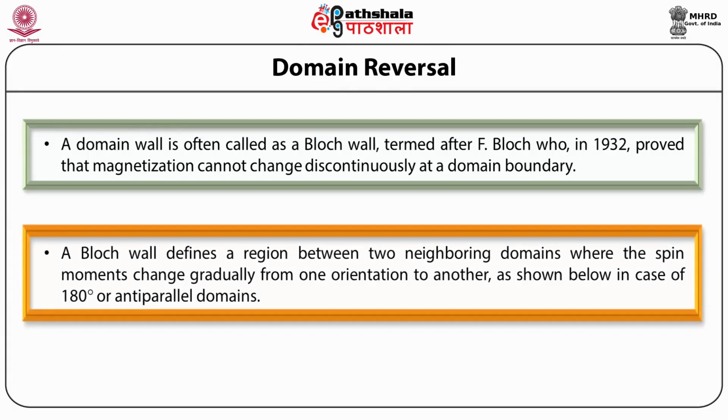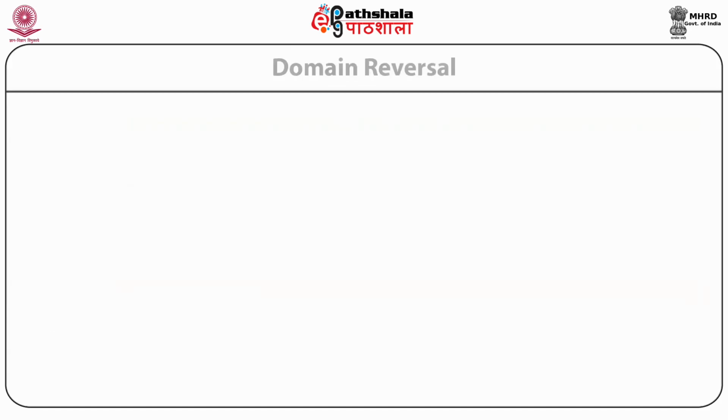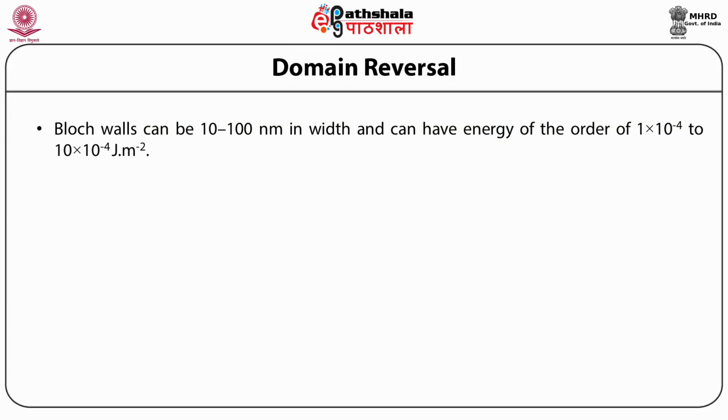A Bloch wall defines a region between two neighboring domains where the spin moments change gradually from one orientation to another, as shown in the figure in the case of 180-degree or anti-parallel domains. Bloch walls can be 10 to 100 nanometers in width and can have an energy of the order of 10 to the power minus 4 to 10 multiplied by 10 to the power minus 4 joules per meter squared.